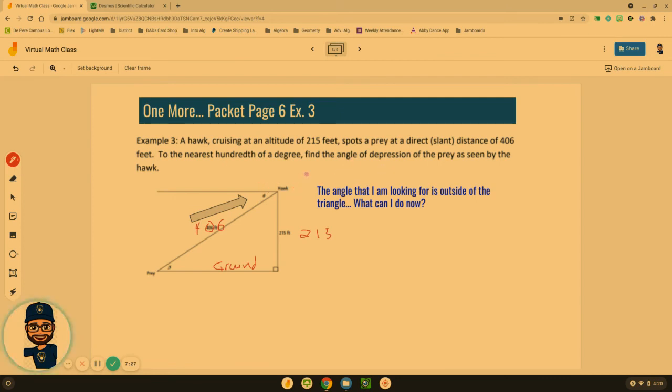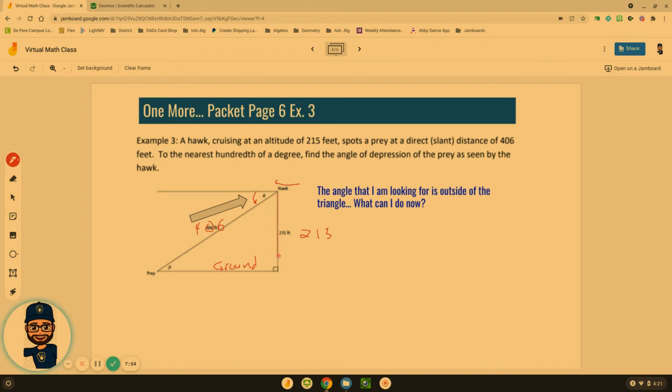The angle of depression. So this is where we have to be careful, right? The hawk is flying this way, meaning its horizontal is this line right out here. The angle of depression is this particular angle right in here. Now, that's outside of this triangle that we've created, right? The hawk is 213 feet above the ground.